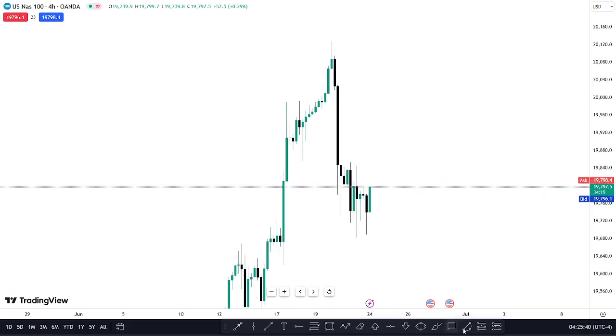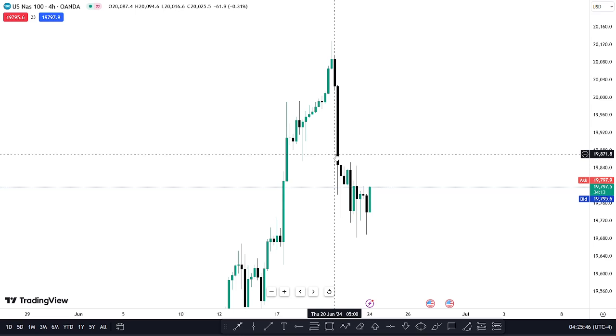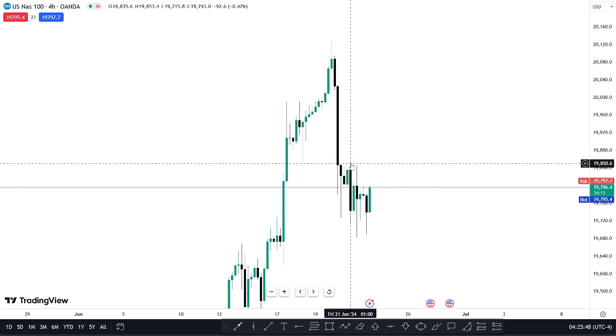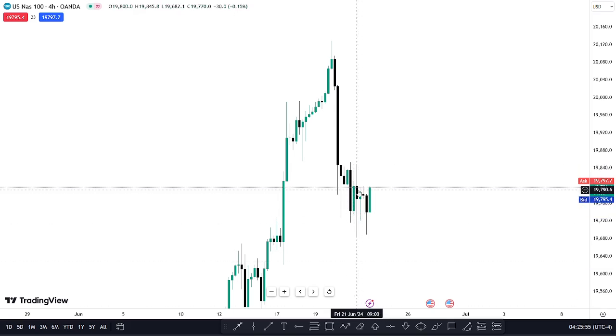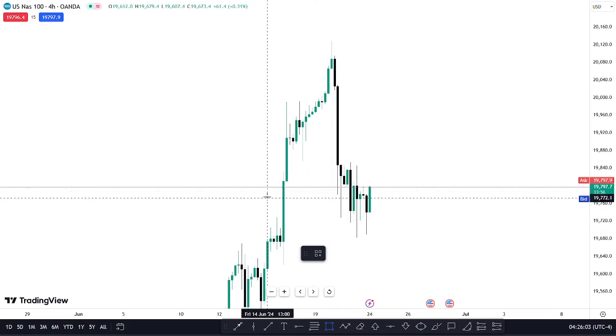Let's go to Friday then, which is the last one. Looking at Friday. No, Friday, not Thursday. Friday, this was the candle. Friday, I was here. Closest fair value gap that we have. As you can see, this took the high and the low.